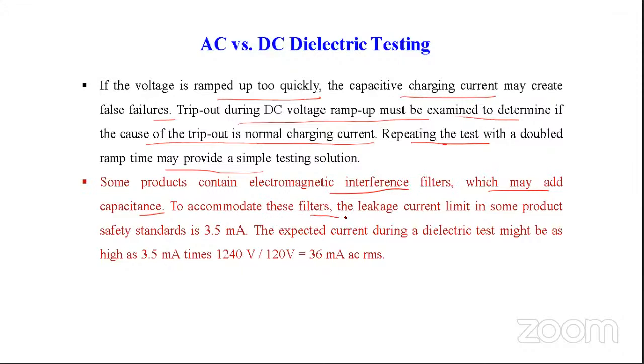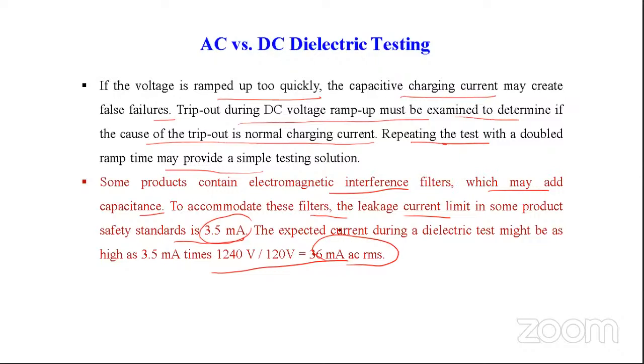To accommodate this filter, the leakage current limit in some product safety standards is 3.5 milliampere. As a case study, say the leakage current limit for some product is 3.5 milliampere, but if you want to test with AC voltage, the current will be 36 milliampere in case of AC RMS voltage. So that is the advantage of the DC.